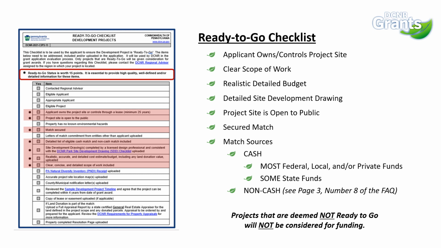See page 3, number 8 of DCNR's Frequently Asked Questions document or our FAQ for more information. With the acceptance of DCNR funds comes the expectation to follow our processes and procedures. As an important reminder, without the required information from the ready-to-go checklist, your project could be deemed not ready to go and will not be considered for funding.